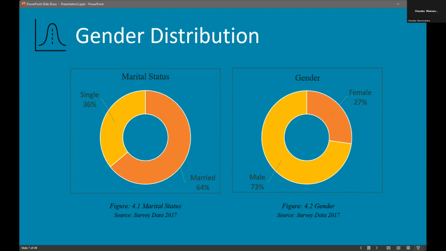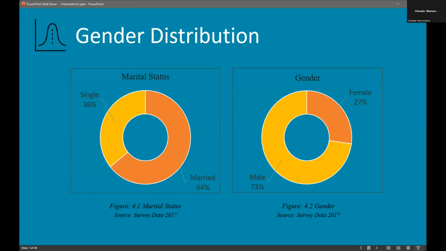Please mind the way that it is presented, because you should always label them and give them a name. You can see underneath the chart I have mentioned figure 4.1, because it is the first chapter. Then we have figure 4.2, which is for gender, and the source is also given, survey data 2017, because the survey was conducted in 2017 for this particular research.